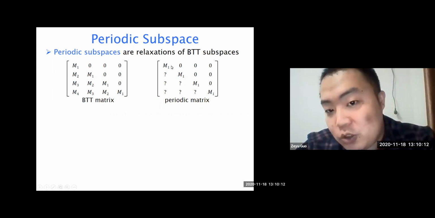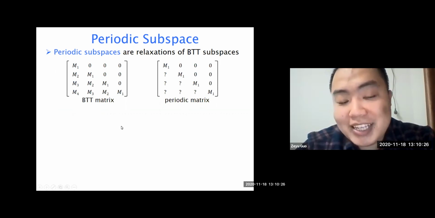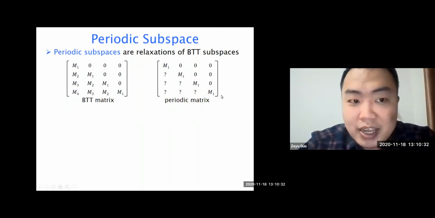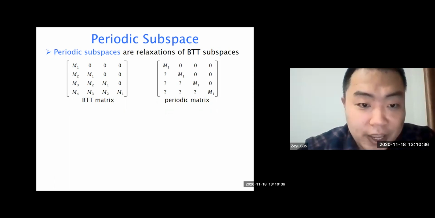It's still block triangular, but we only require the blocks on the main diagonal to be the same. For the blocks off the main diagonal, we don't require anything. This is the definition of a periodic matrix, a relaxation of the BTT matrix. Then you can define a periodic subspace to be the image of a periodic matrix, and you can define a periodic evasive subspace in the same way.